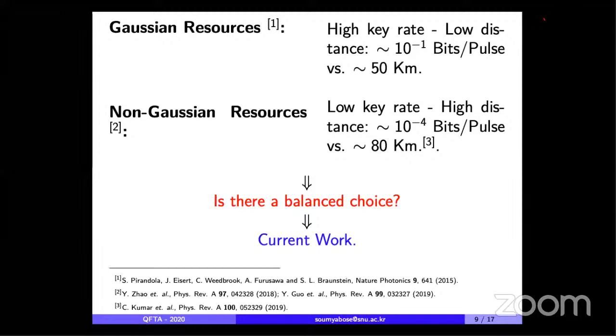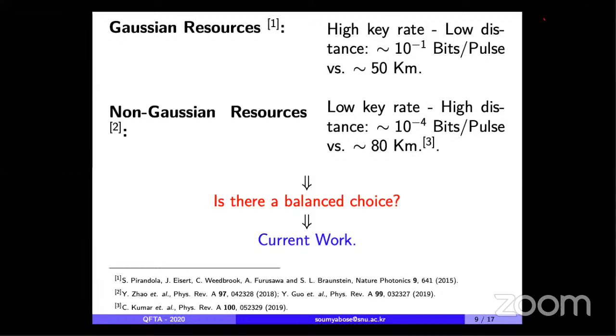In the case of Gaussian resources, key rates are high, but you cannot attain a transmission distance longer than around 48 or 49, so closely 50 kilometers. And at this length, the key rate is say 1 upon 10 bits per pulse. So for every 10 pulses, you will get 1 bit of key.